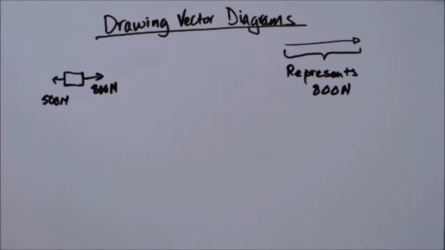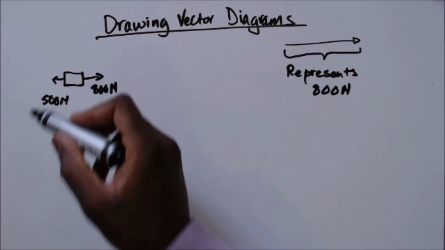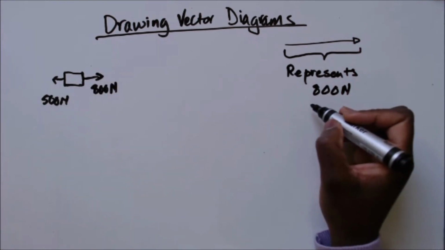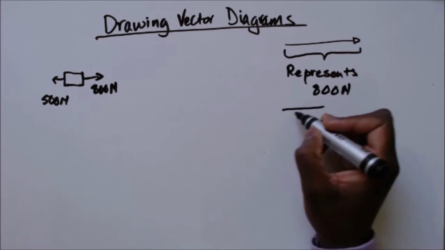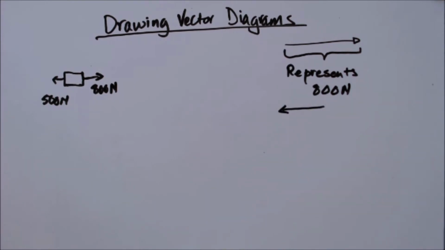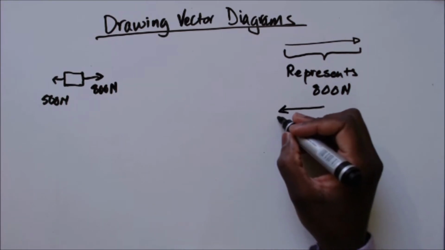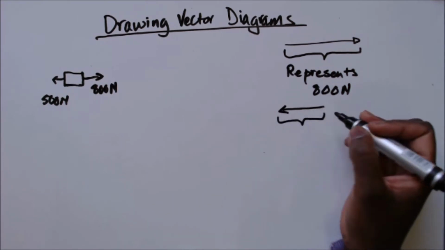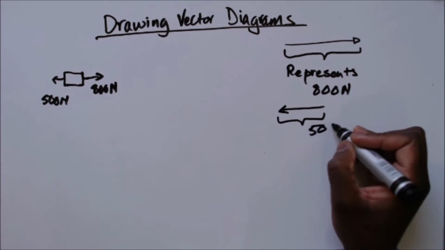And then we could represent the 500 Newton vector by a similar line. And this would be directed to the left, because that's the direction of the 500 Newton vector. And this length would represent 500 newtons.